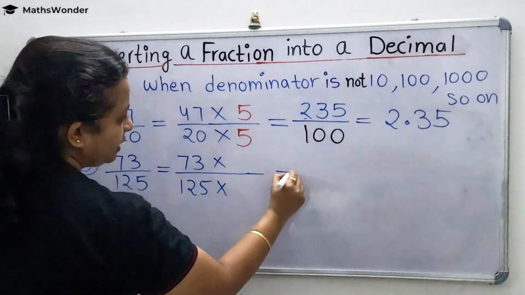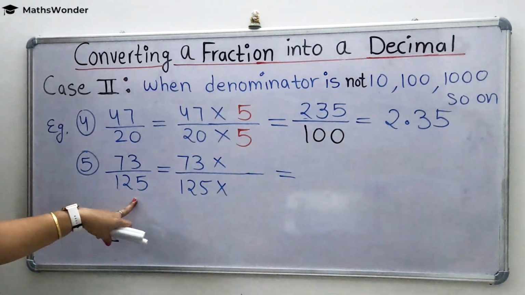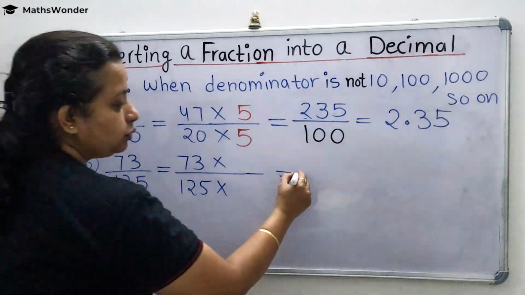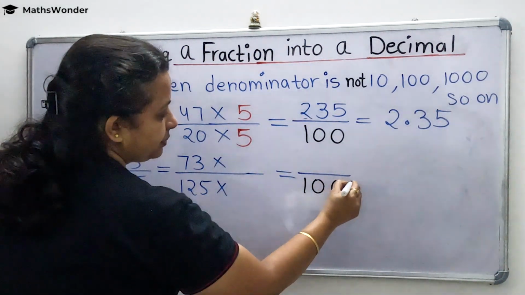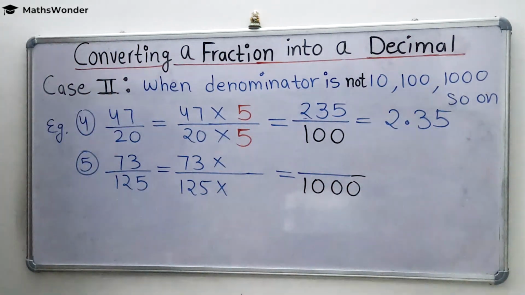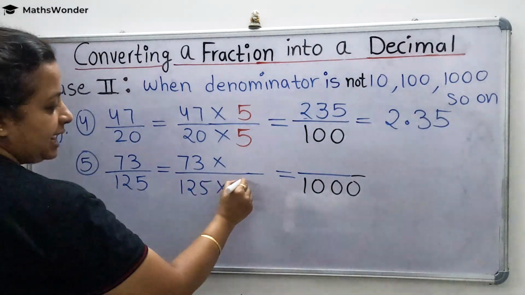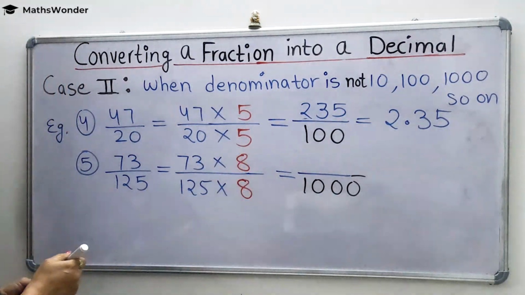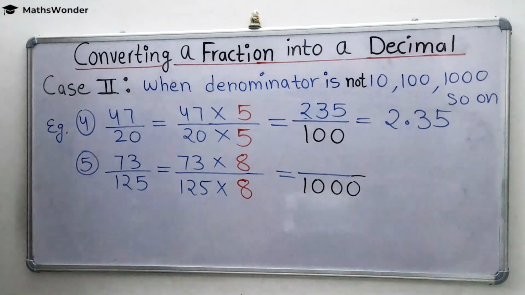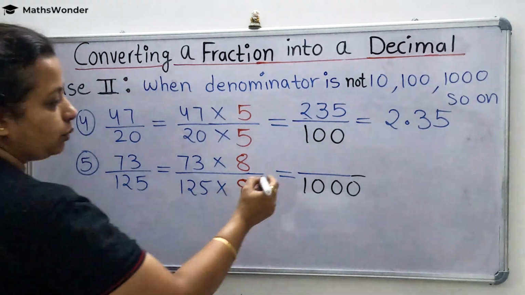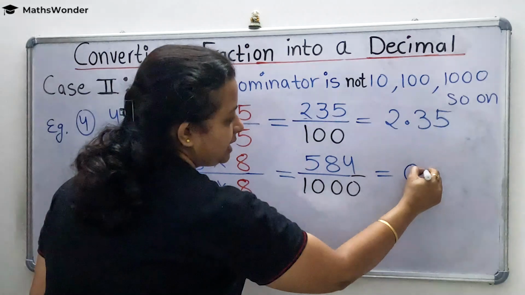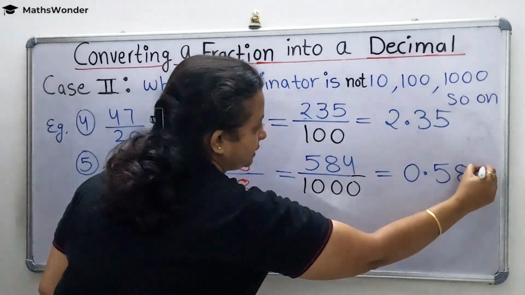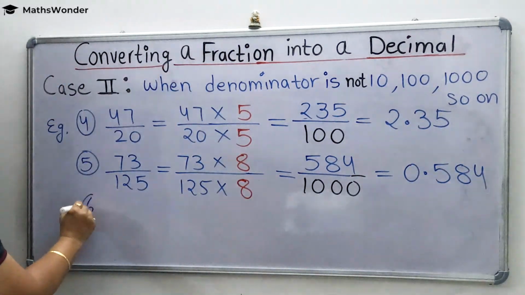Of course 10 will not give it, and 100 is not possible, you have to go for 1000. 125 times what will give 1000? 8 will give 1000, right? 73 times 8 is 584, and 584 over 1000 is easily converted into decimals.